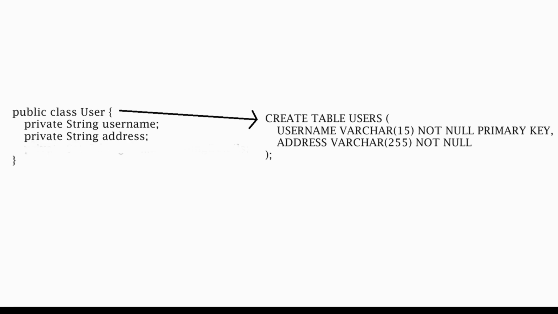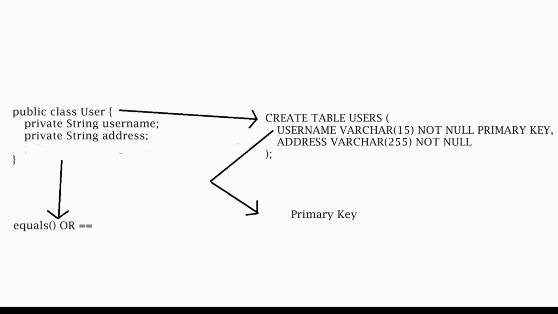In Java we have two options: we'll use either the equals method or the double equals operator. With the equals method, we check the values, whether the two instances have the same values or different. With double equals, we check the reference or the memory location of the two instances. That way we can identify whether the two instances are the same.